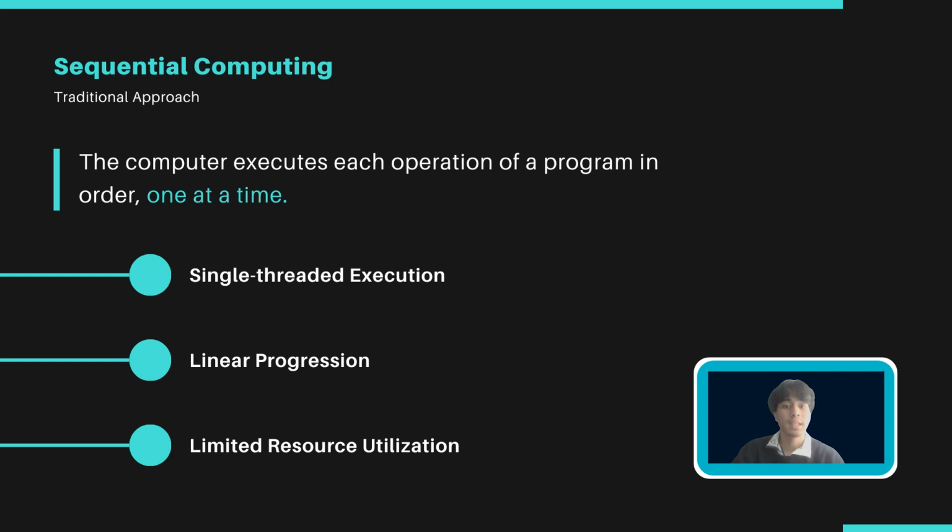And last, there is limited resource utilization because the full computational power of multi-core processors remains untapped, as cores operate independently without coordination. This limitation underscored the need for alternative approaches to computation, such as parallel computing, to be discussed later on, to overcome performance bottlenecks and accelerate computation.